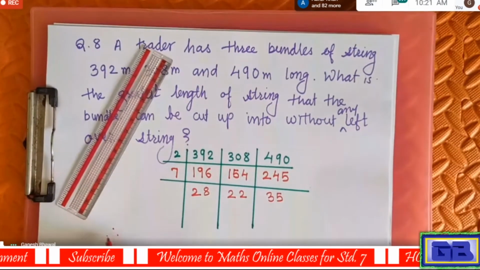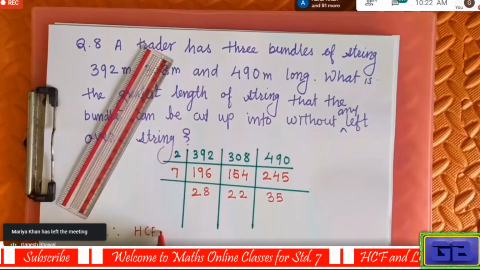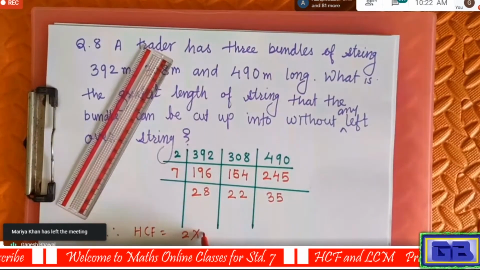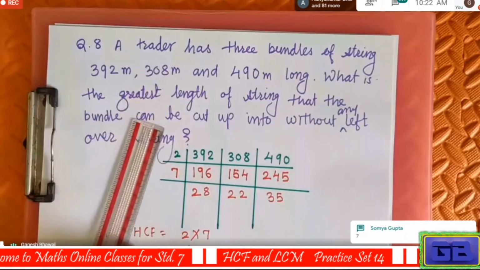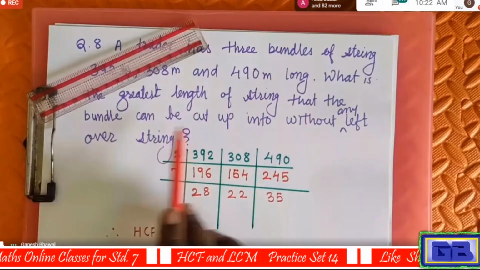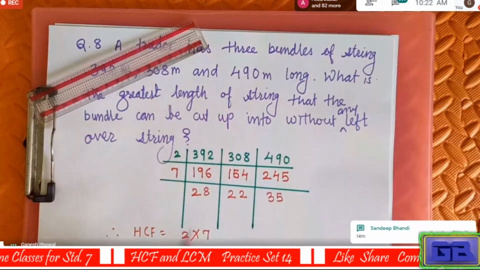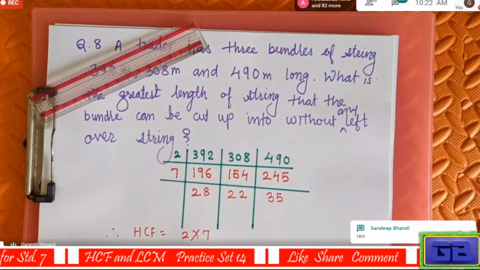Therefore, HCF equals 2 into 7 equals 14. Hence the answer is 14. What is the greatest length? Greatest length will be 14 meters.